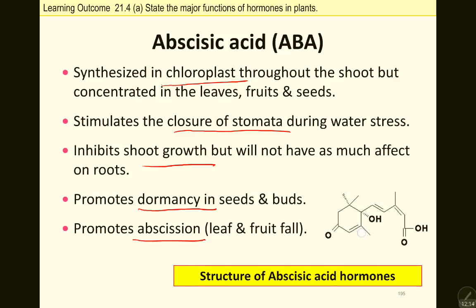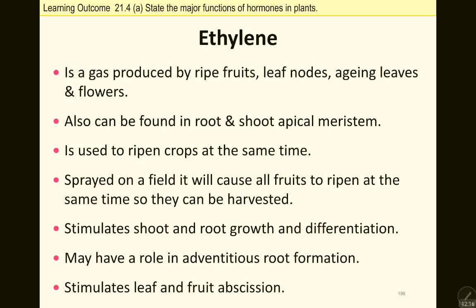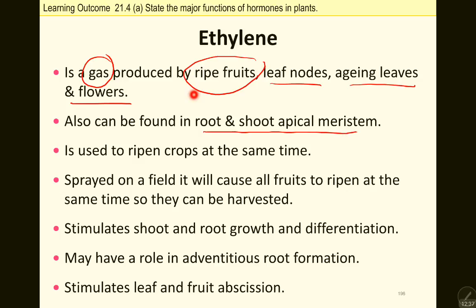Okay, last one, ethylene. Ethylene is a type of gas produced by ripe fruits. Ripe fruits mean already ripened, right? Okay. Leaf nodes, aging leaf, and also flower can produce it, and it can be found in root and shoot apical meristem as well.